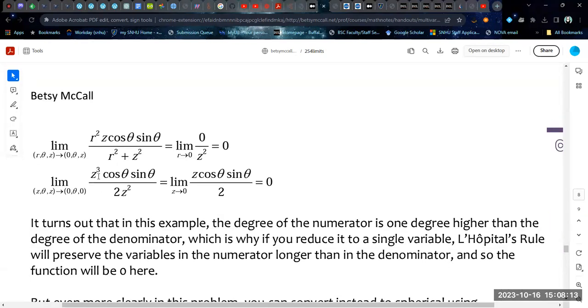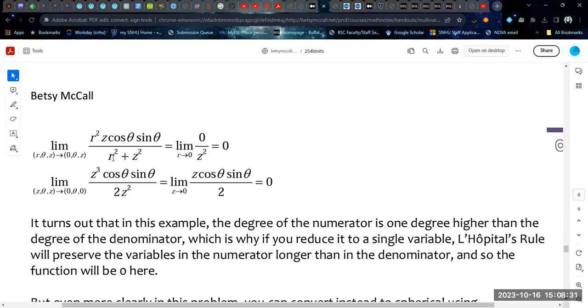I'm going to end up with z squared canceling out only 2 of the z cubes in the numerator, and then letting z go to 0 is going to give me 0.